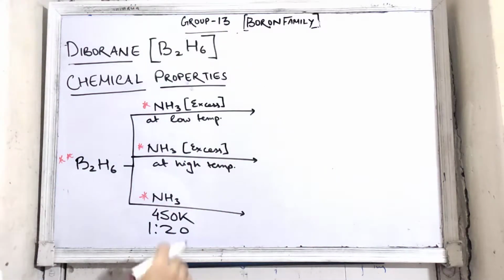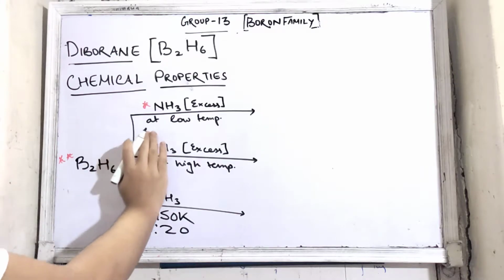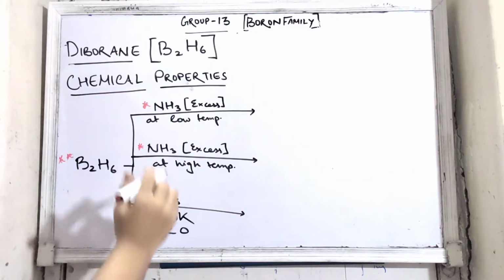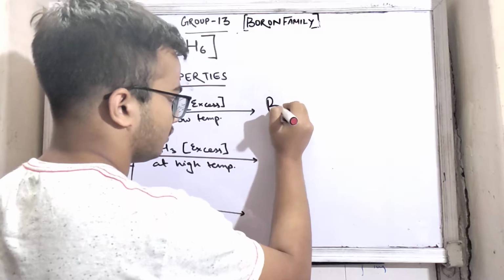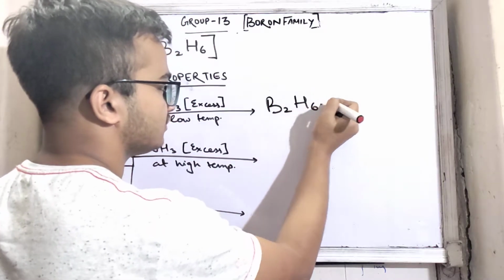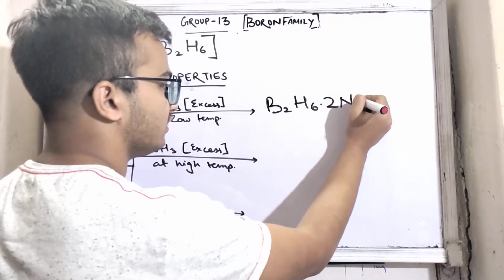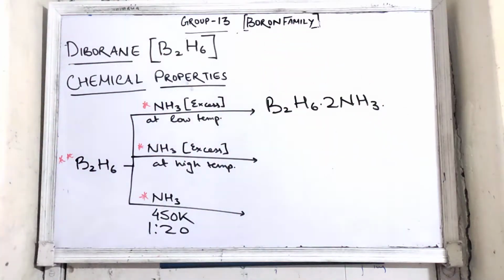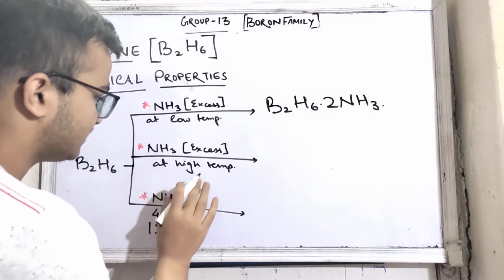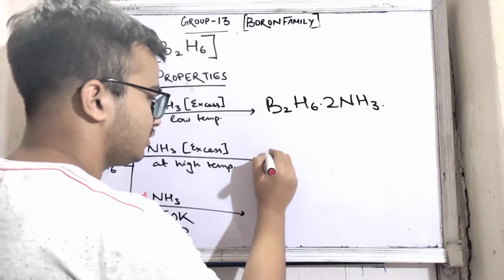You have B2H6 with NH3 excess at low temperature. You simply write B2H6.2NH3, as simple as that.